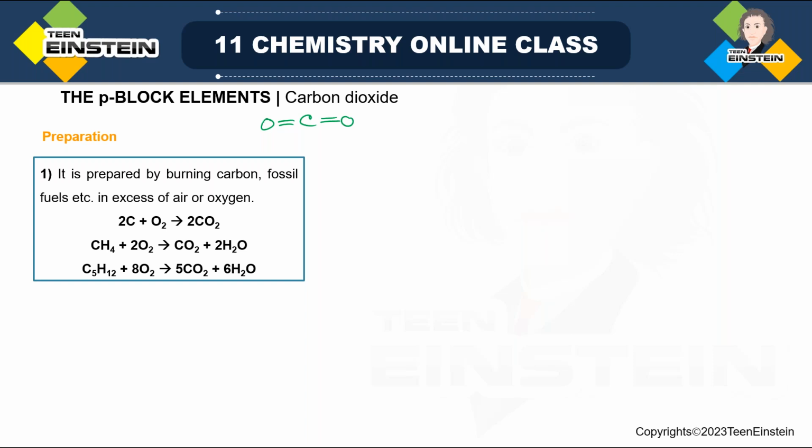Here also we will use an oxidation reaction. Now oxidation of what? You can oxidize carbon, that is you can burn carbon or some fossil fuel. When we are talking about fossil fuel, it means some hydrocarbon. So you can see here in the second equation it is methane, which is a hydrocarbon, then C5H12. So both these are basically alkanes.